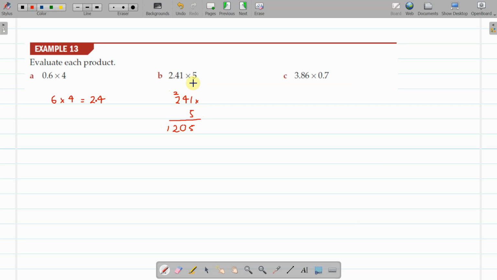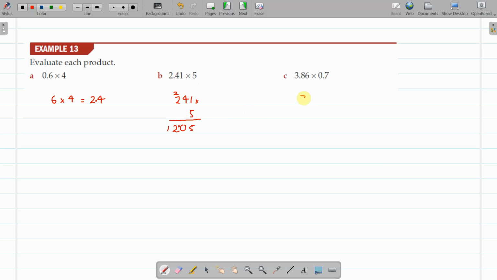And then we can put the decimal point back in, considering in between that and that we've only got 2 decimal places, so that's what the answer has. 2 decimal places. That's where our decimal point goes.